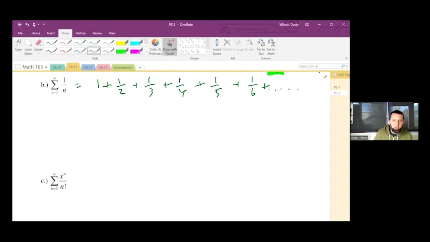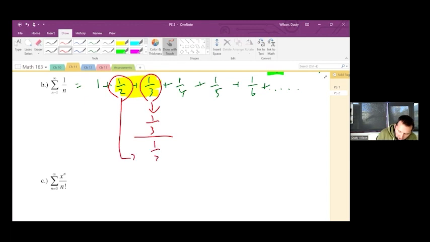So let's look at some consecutive terms, say 1/2 and 1/3, and take the ratio. The second term goes in the numerator, 1/3, divided by the first term in the sequence, 1/2. Altogether, this would be the same as 2/3.